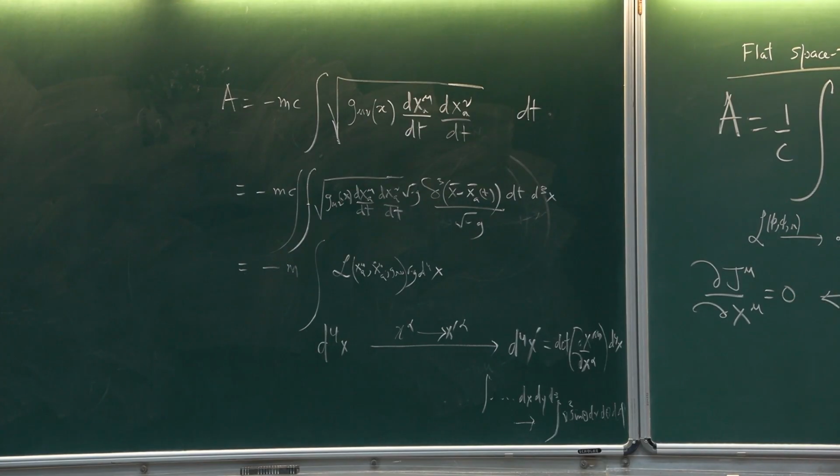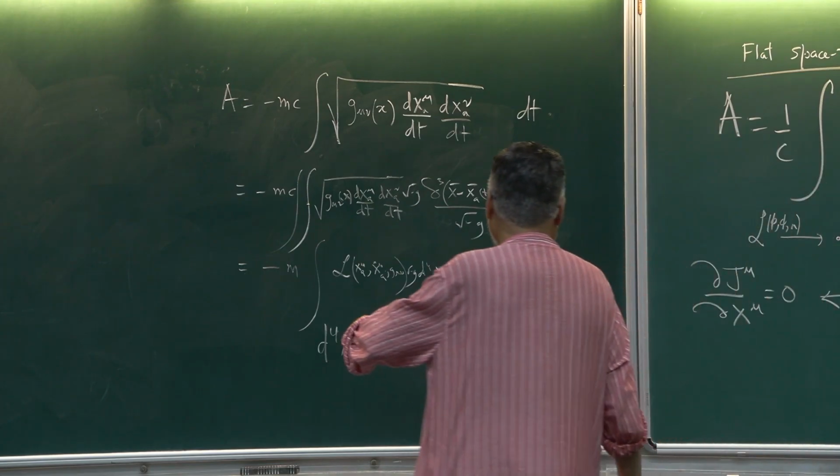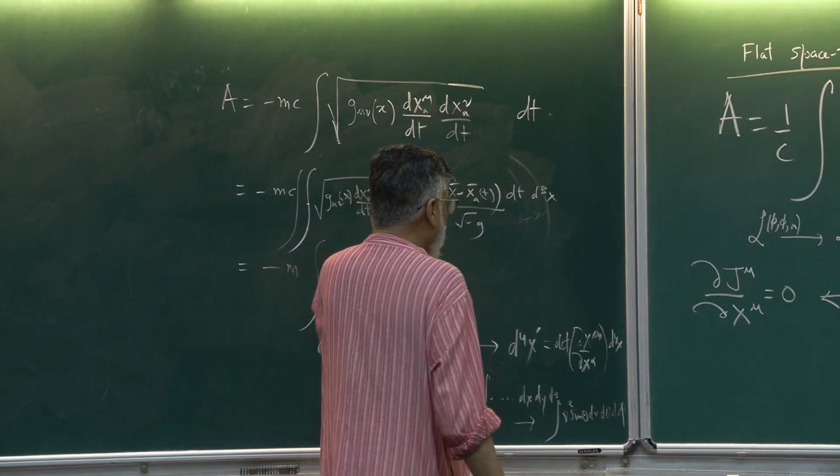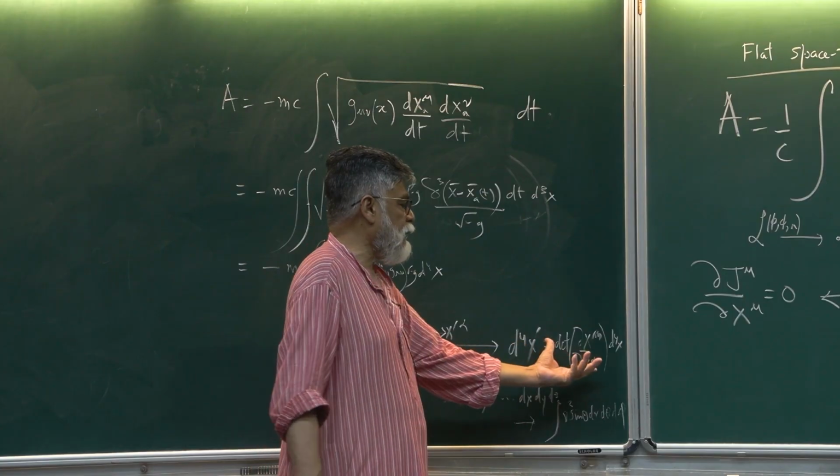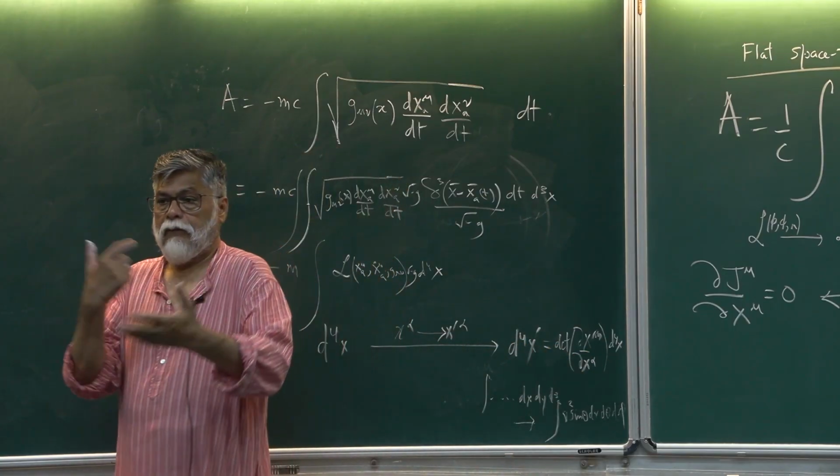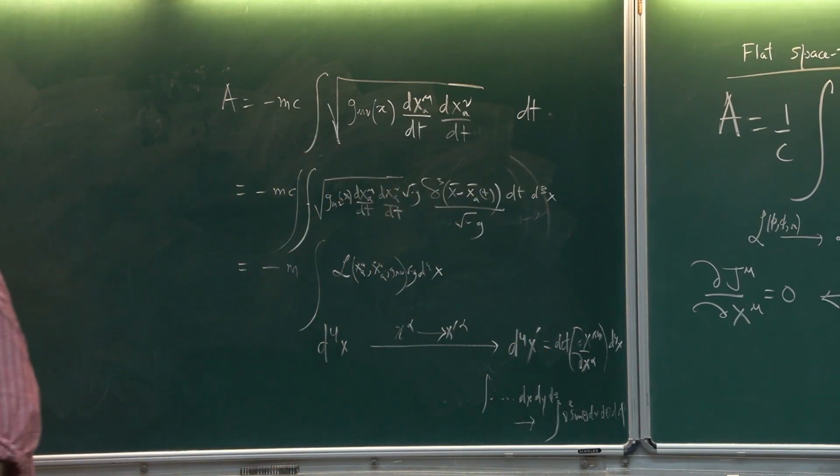All right. So d4x is not the same as d4x prime. There is a determinant of the partial derivative of x prime with respect to x, and hence we have to multiply d4x by a quantity which remains invariant, so that the action remains invariant. d4x changes, this doesn't change.